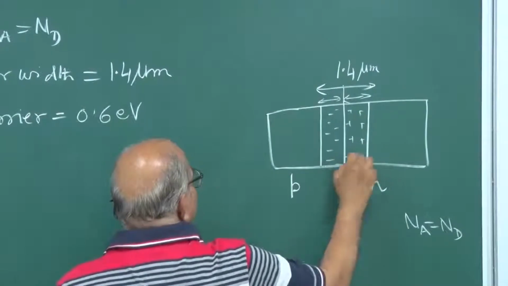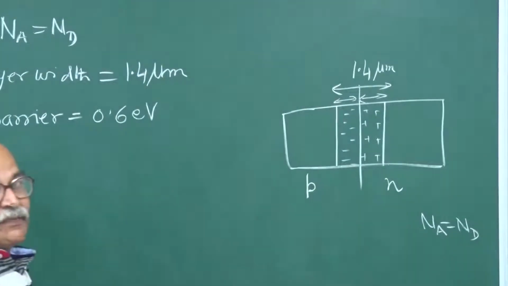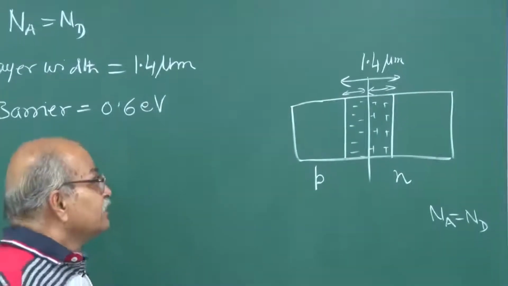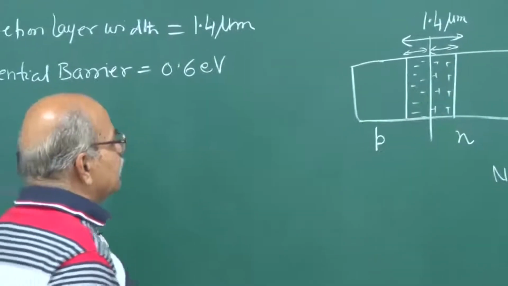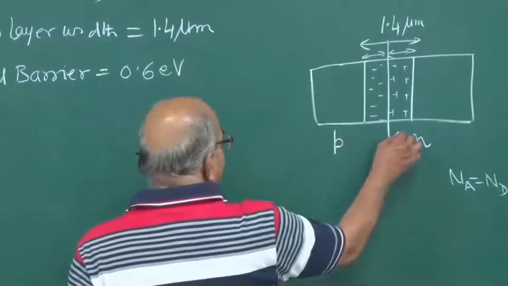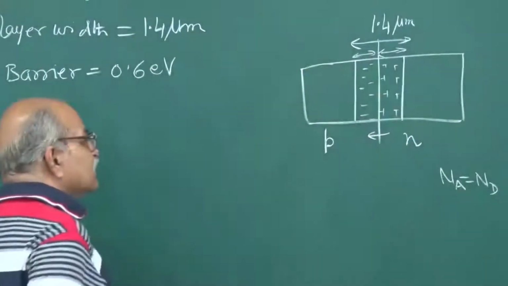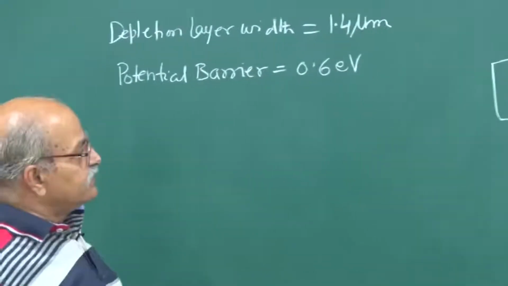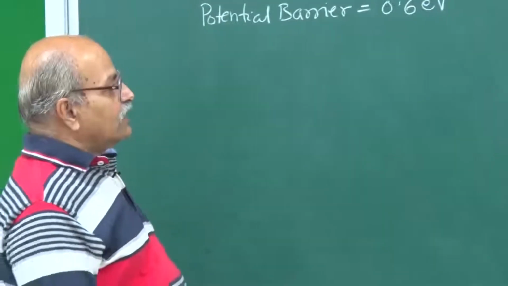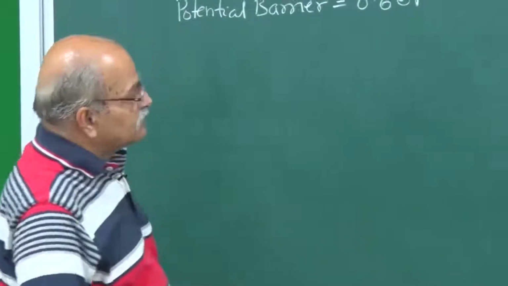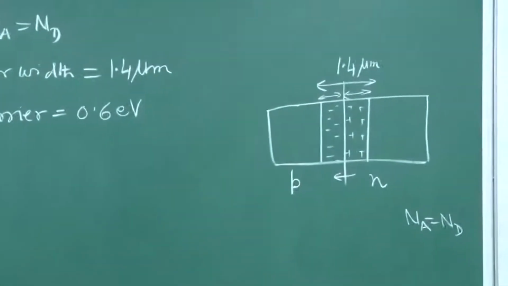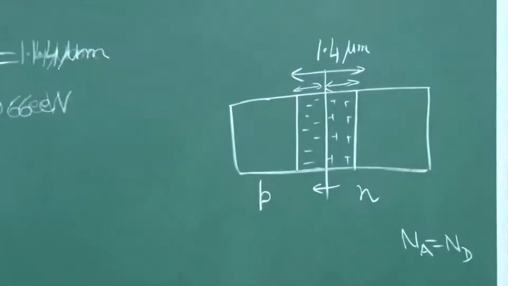So you will have charge density in the depletion layer, no charge carriers but charge density, and then you have electric field, and you have potential difference, and then the potential of this n side is raised as compared to the potential of this p side, and that barrier is 0.6 eV.